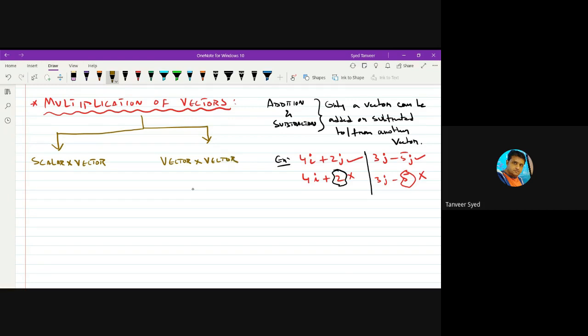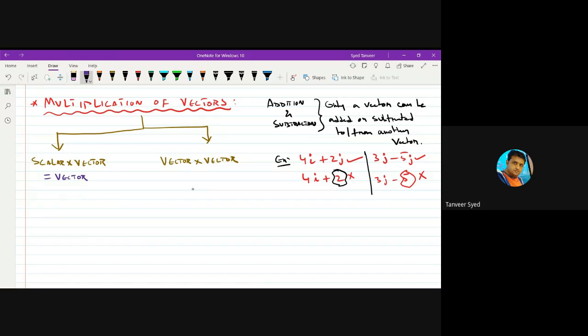And when you multiply a scalar with a vector, the result that you get, scalar into vector, is a vector always. The product of a scalar and a vector will always be a vector.